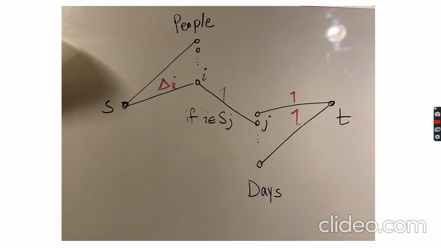So here it goes on why this is a feasible flow, and also about the size of the flow. Now, have in mind that in the fair scheduling, we are assuming that we are assigning k days to drivers.